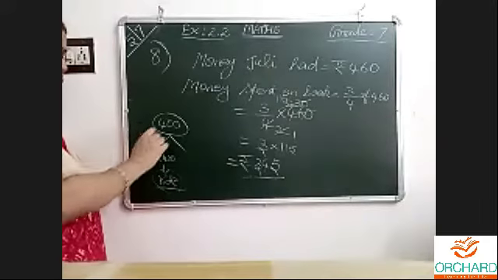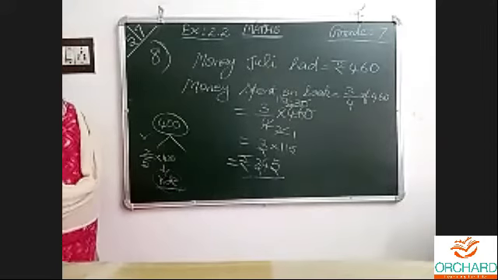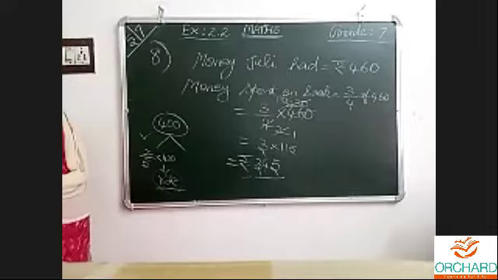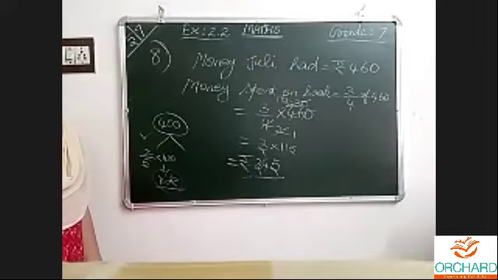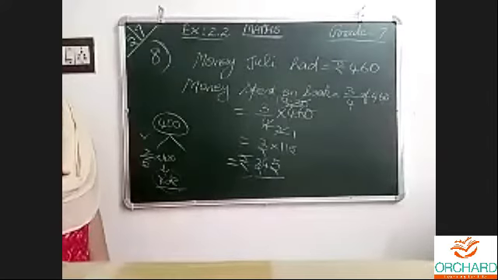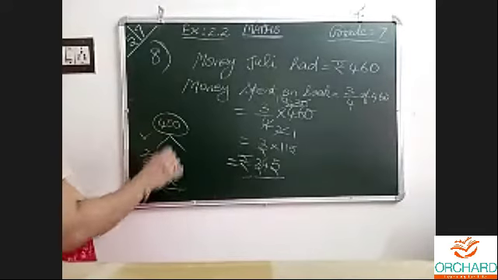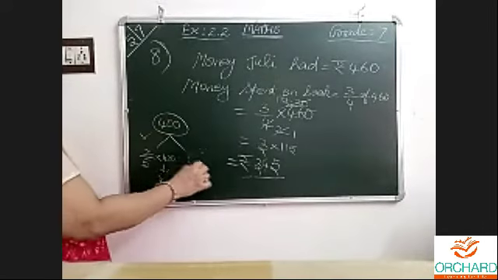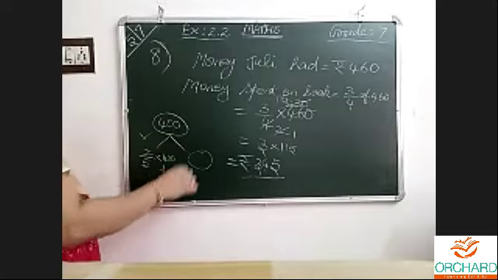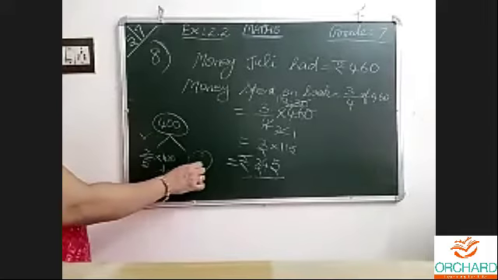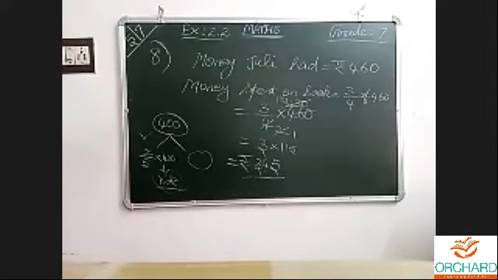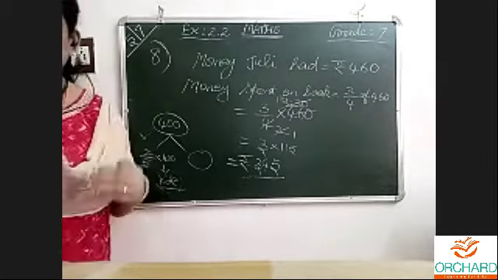So this thing is over. Next, they are telling that the remaining money she spent on video games. From the total, when we subtract this ride money, we will get the remaining money. When we do that, we will get how much amount is left. For that, they have given 3/8 of the remaining money.